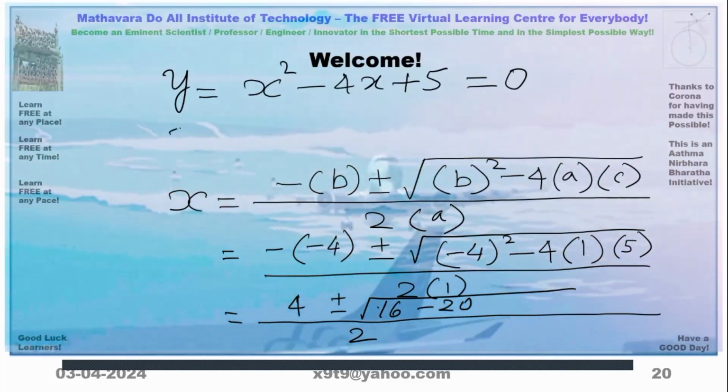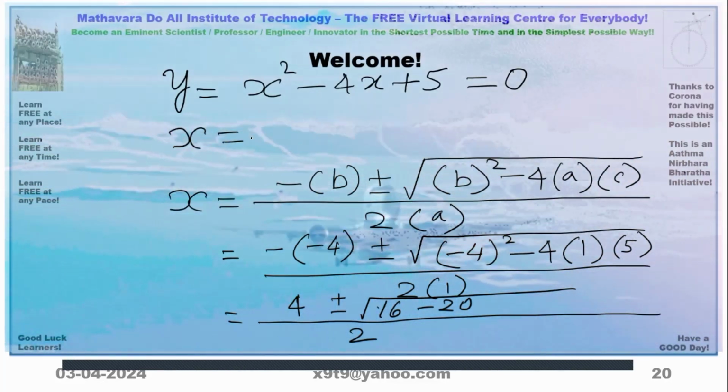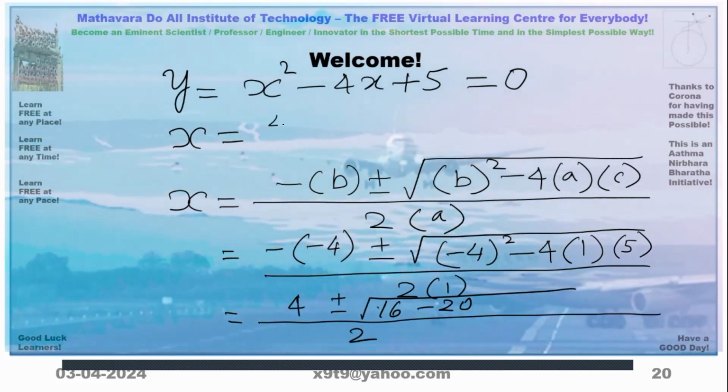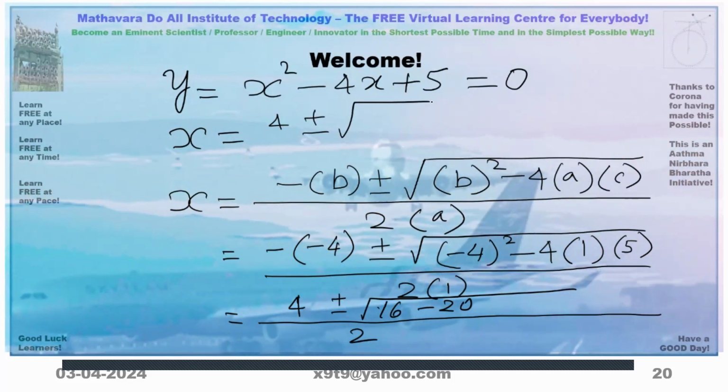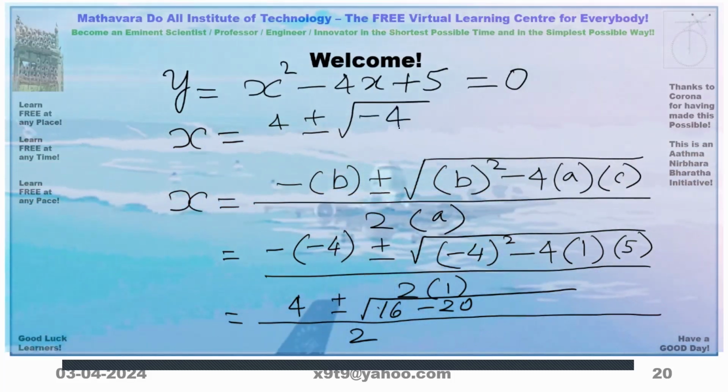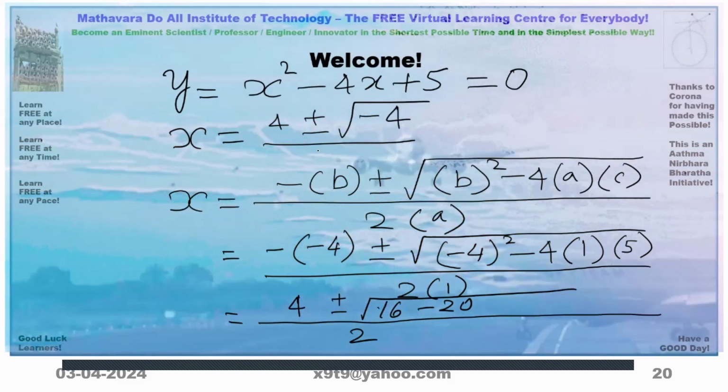So now x becomes 4 plus minus root of minus 4 by 2.